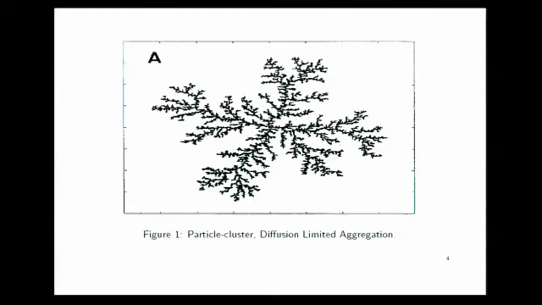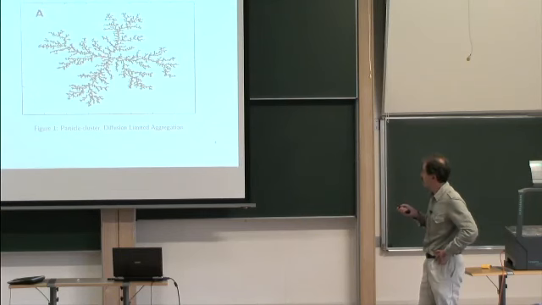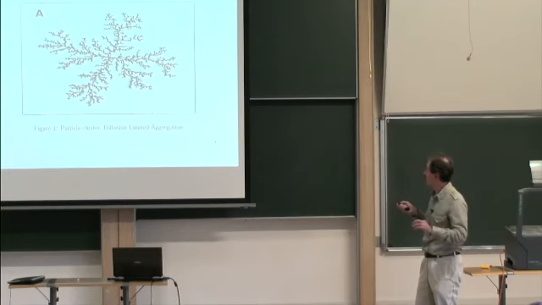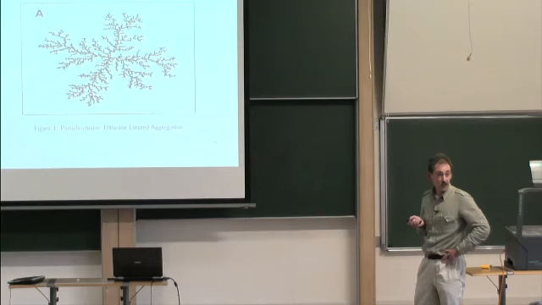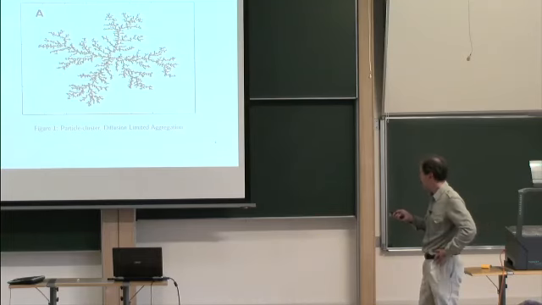You put a particle in the middle, then you put a particle in that corner moving by Brownian motion, and as soon as the second particle collides with the first one, you stop the movement and the particle sticks there, and then you put another one, and after several thousands of particles you get a tree like that. So that's when the particles are moving just by Brownian motion.